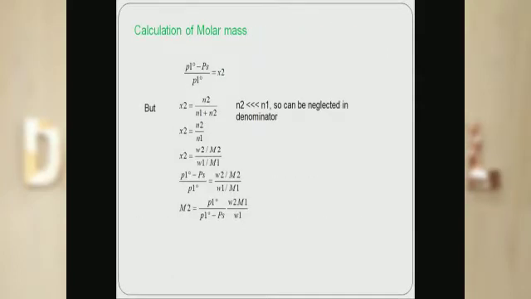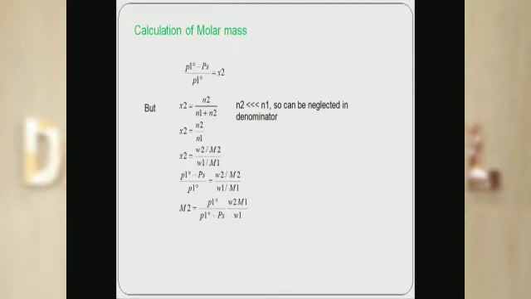You can also calculate molar mass from this relation because we can replace X2. We already have read that mole fraction of a solute is equal to number of moles of solute upon number of moles of solute plus solvent.